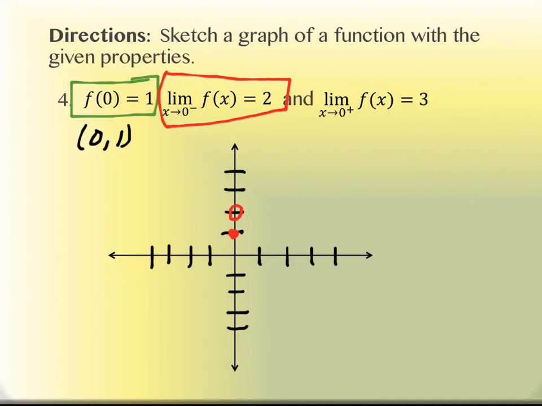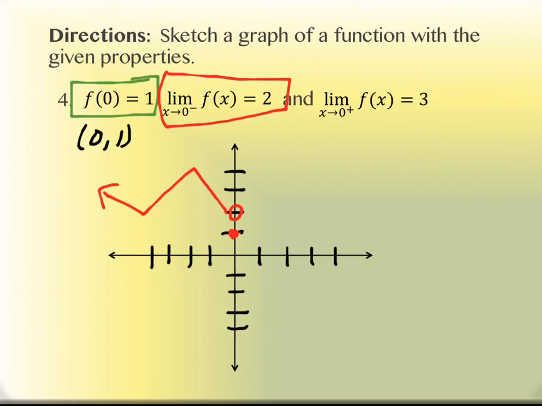So maybe you draw this. Maybe you draw that. Maybe you draw this. You can draw anything you want. It just has to end up at that open circle, because from the left-hand side, tracing along whatever you put on the left side of the graph, you've got to be getting closer to a y value of 2.